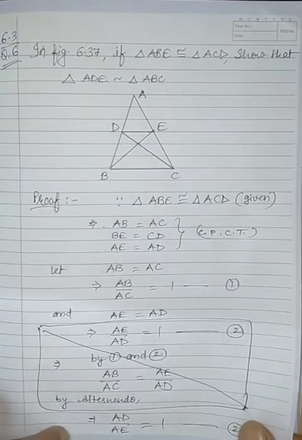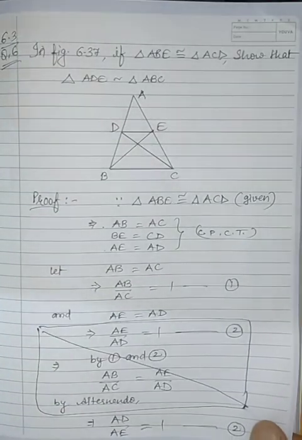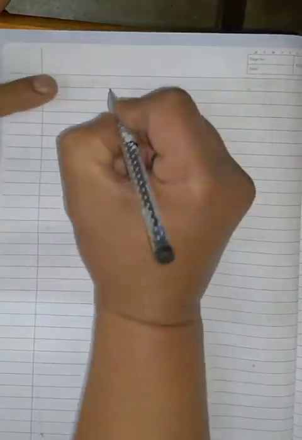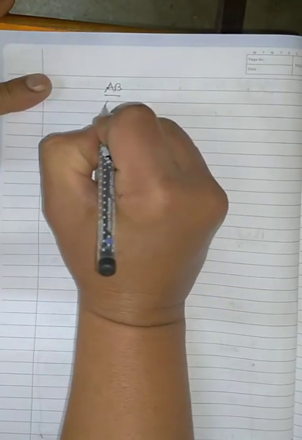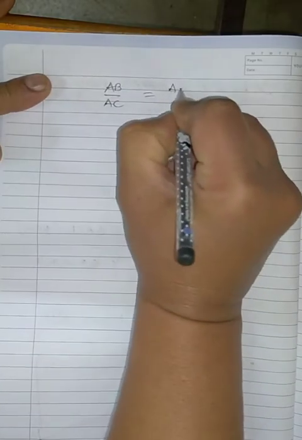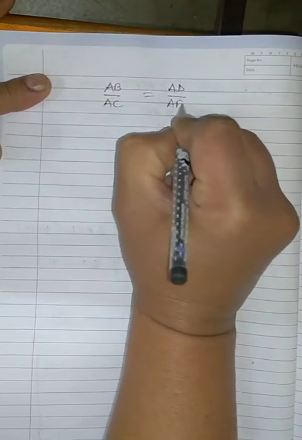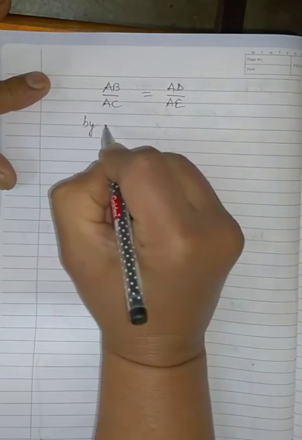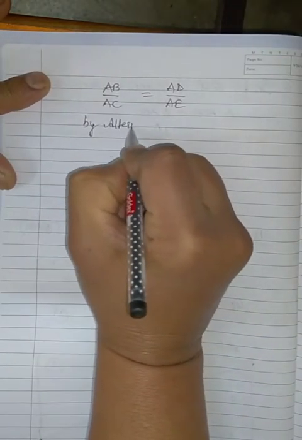So by 1 and 2, AB upon AC is equal to AD upon AE. Now here I am going to apply alternando.